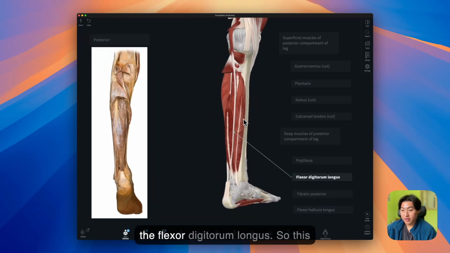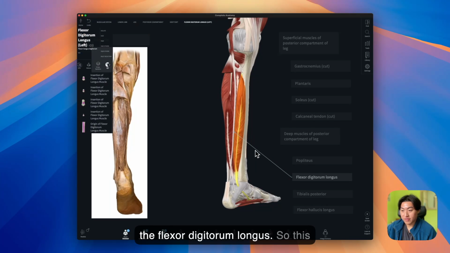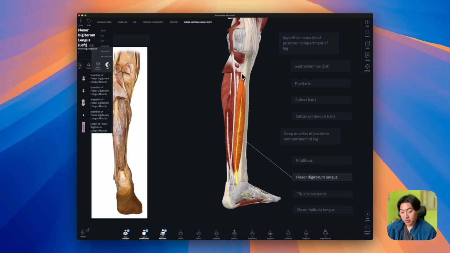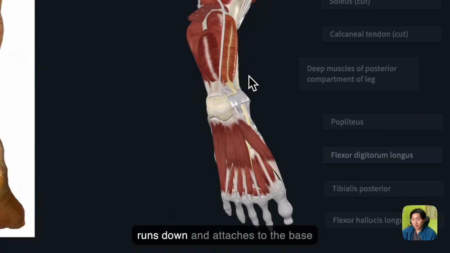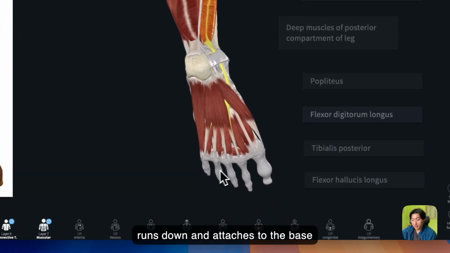Alright, next let's look at the flexor digitorum longus. So this muscle attaches to the tibia inferior to the soleal line on the medial posterior surface. And then it runs down and attaches to the base of the distal phalanges of the four toes.